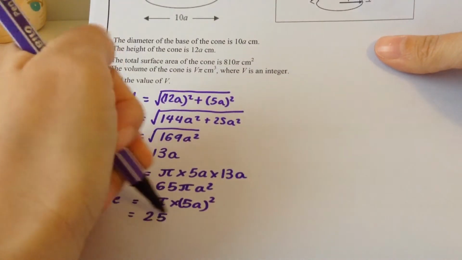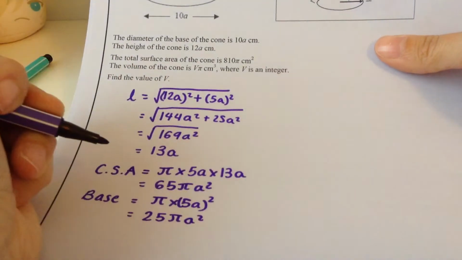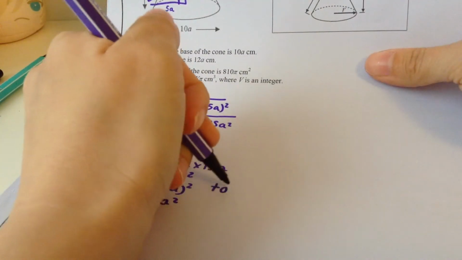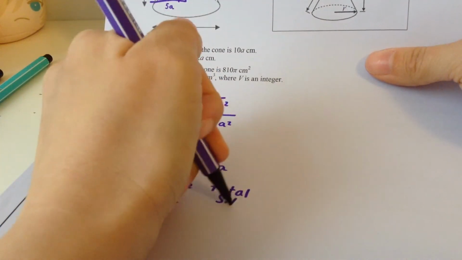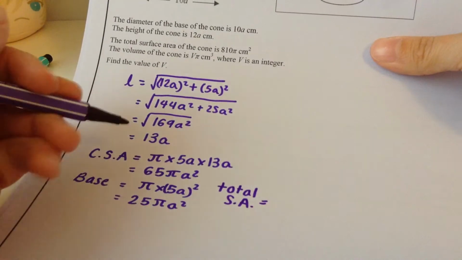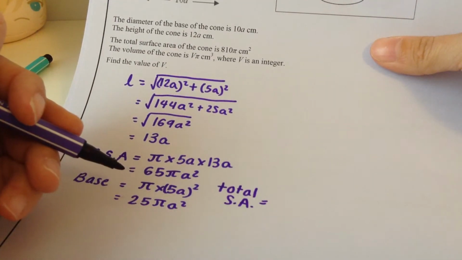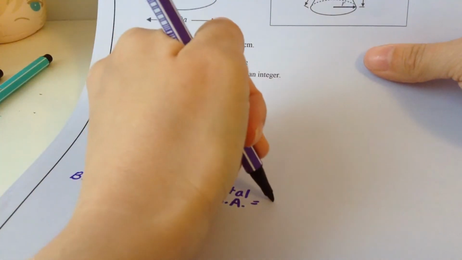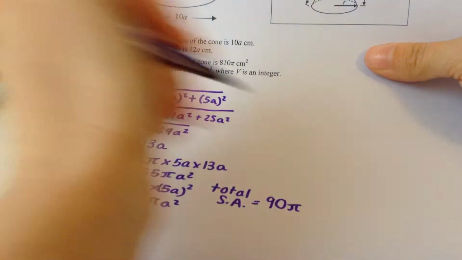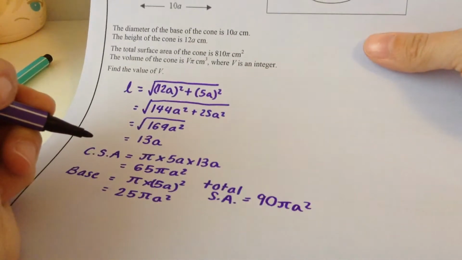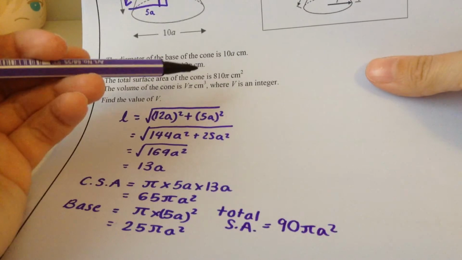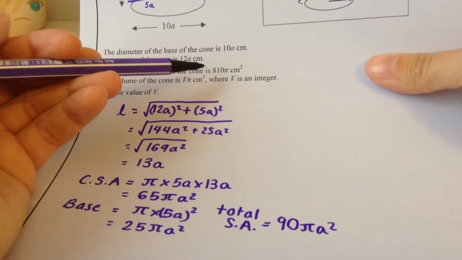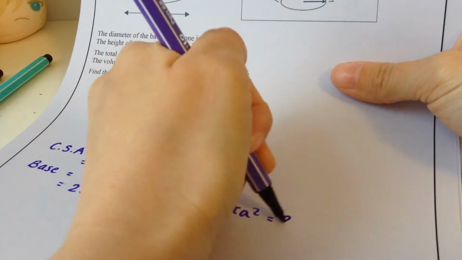So 25 pi a squared. So total surface area is going to be those two together, which is 90 pi a squared. And according to this, that's supposed to equal 810 pi.